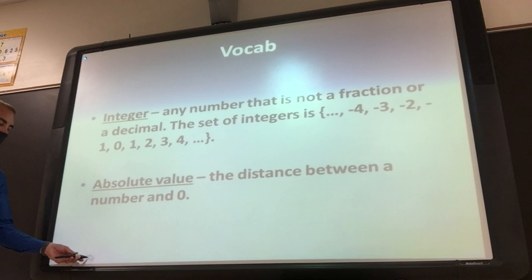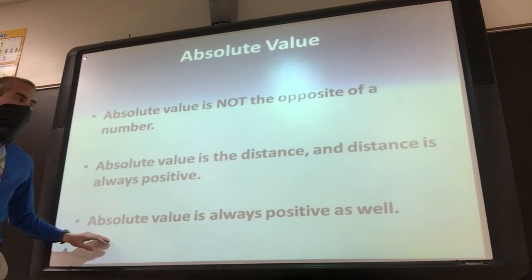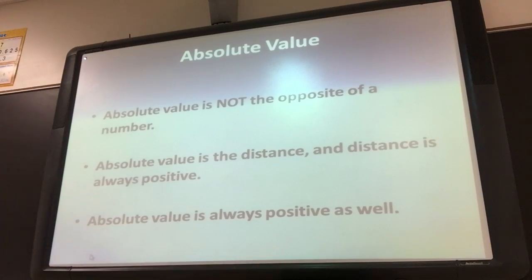Okay, so some important things about absolute value. So absolute value, it is not the opposite of a number. It is not the opposite of a number. Once again, absolute value is the distance, and distance is always positive. Since absolute value is distance, and distance is always positive, then absolute value is always positive as well.